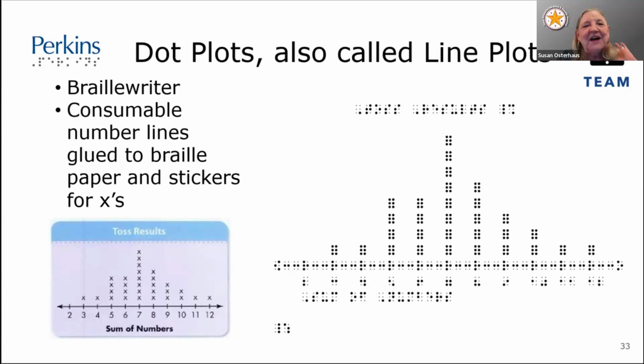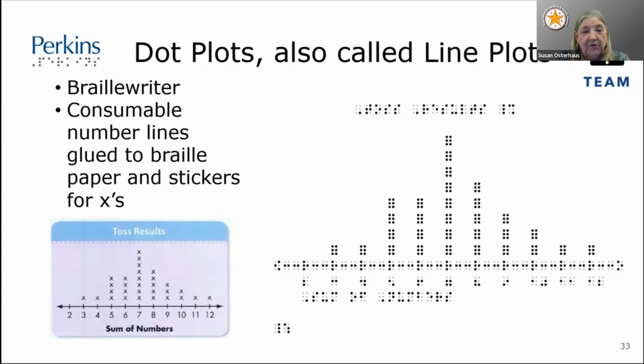Okay. All right. So we've got dot plots, also called line plots. Now we're getting into things that perhaps look a little more like actual graphics to you. As you can see, you can do this completely on the Braille writer, because everything you're seeing on the right side is all done in Braille.